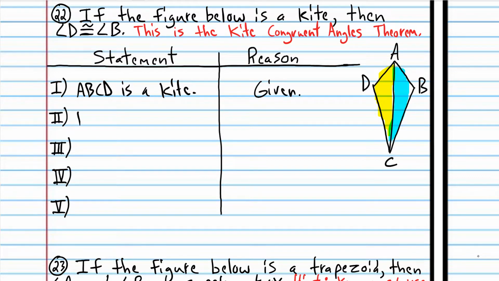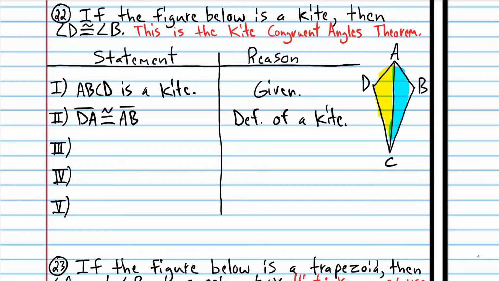So we know that DA is congruent to AB. How do we know that? Well, that's just the definition of a kite. A kite is a quadrilateral with 2 pairs of congruent sides.